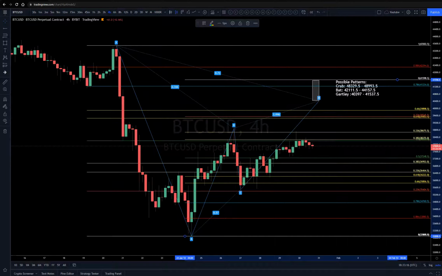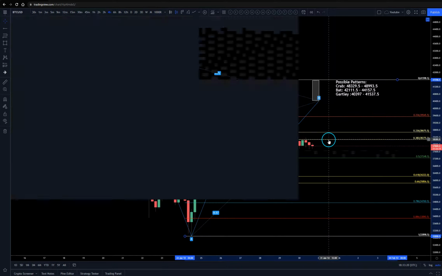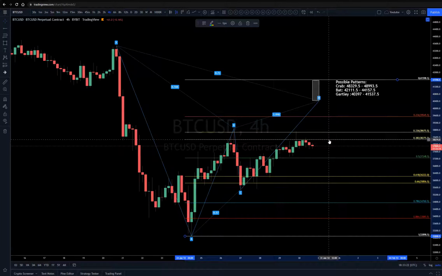So if I hide that fib just to make it easier, you're looking at targets of again 382, which is slightly above what the current price is, based on the high side, or down to that 618 area, and that could be trying to retest for this liquidity here on the 4-hour where we've had a wick down originally. So that's what I would look at potentially on the 4-hour side of things.